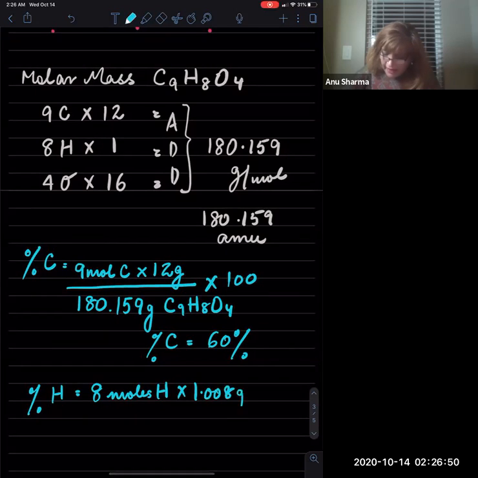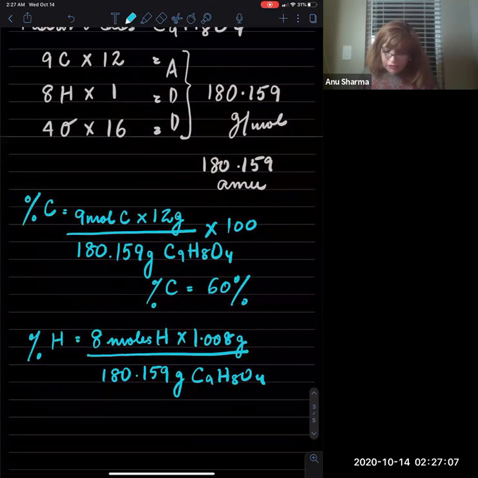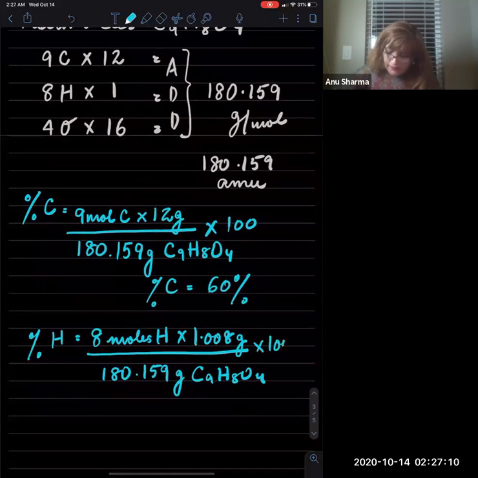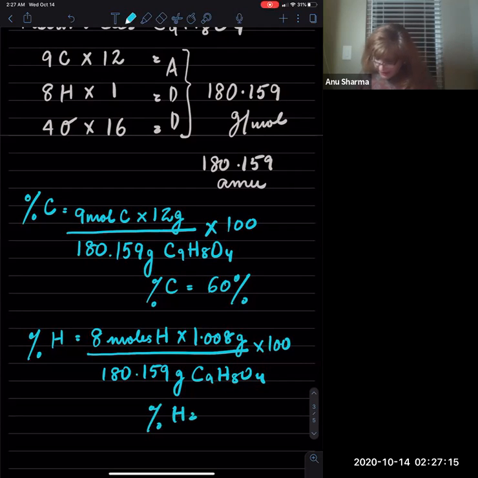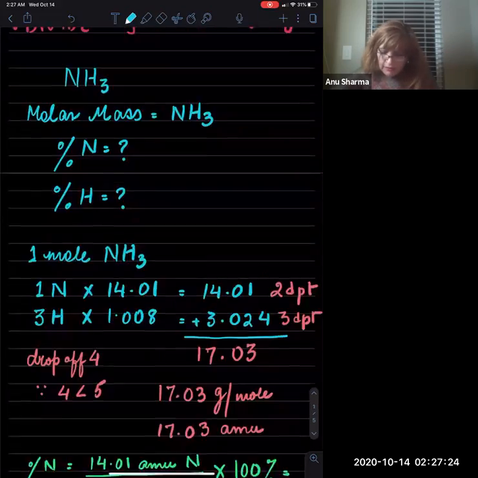That is the molar mass of hydrogen, divided by the molar mass of C9H8O4, 180.159 grams, times 100. And you're going to get the percentage of hydrogen, which comes out to be 4.476%.